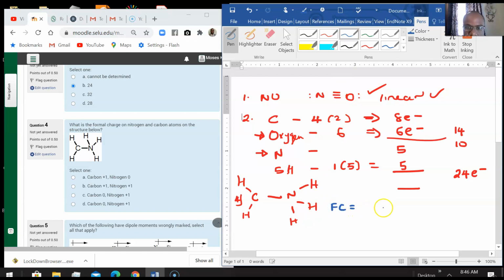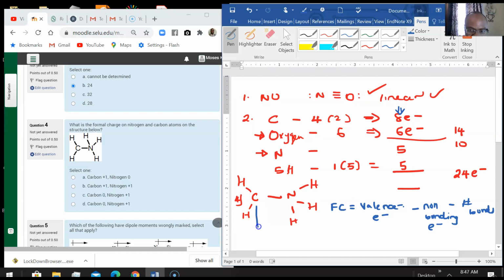Formal charge equals the number of valence electrons on the free element on the periodic table, and then you subtract any non-bonding electrons, and then subtract the number of bonds around the central atom.